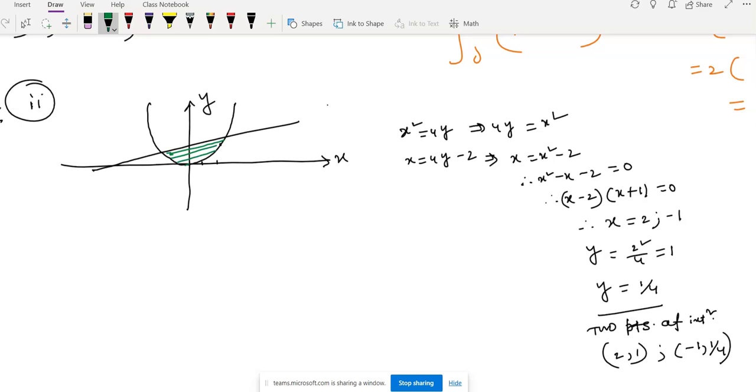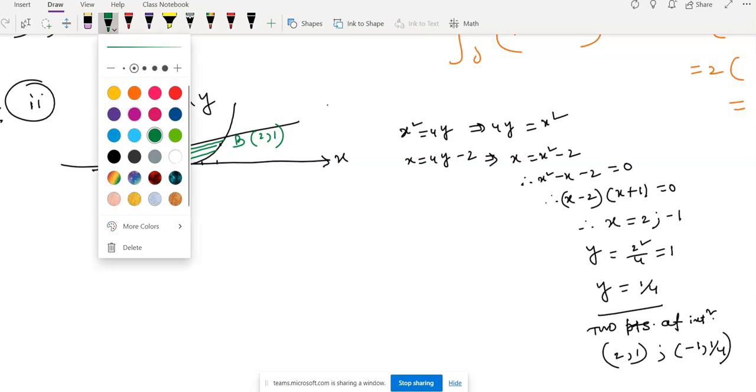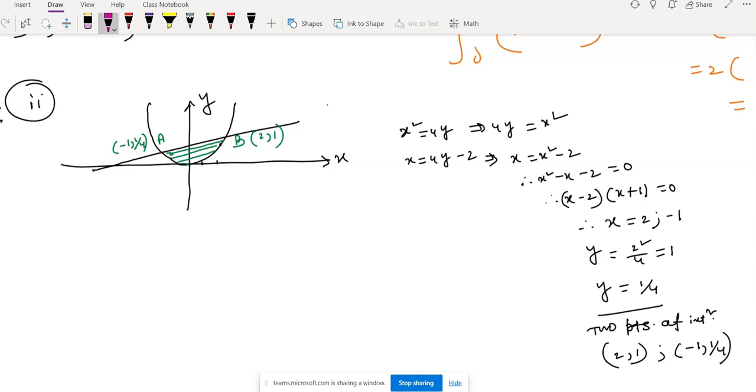This we are going to find. We will name these two points A and B. Point A has coordinates (minus 1, 1 by 4), and B is (2, 1). Draw perpendiculars AL and BM.